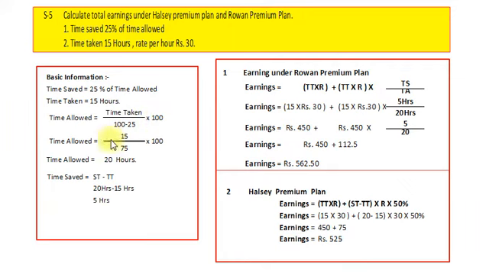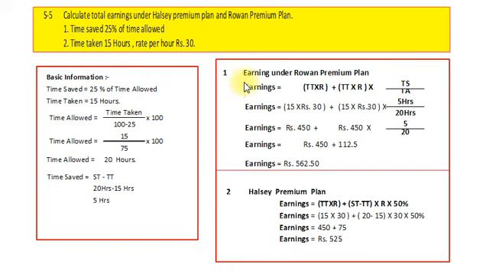So time allowed would be 15 hours divided by 75 multiplied by 100. So time allowed or standard time would be 20 hours, and our time saved is equal to standard time minus time taken, that is 20 hours minus 15 hours is equal to 5 hours.